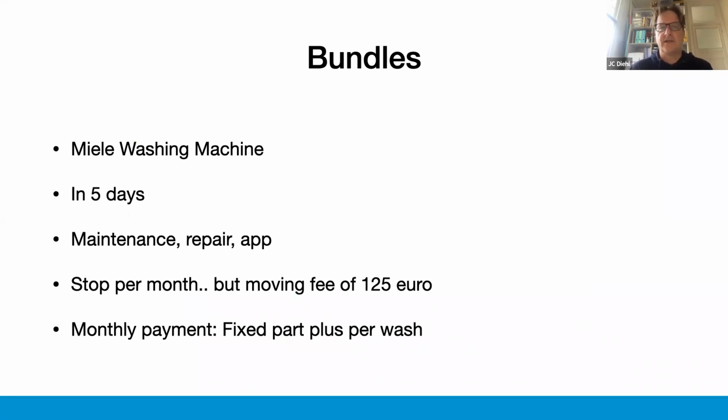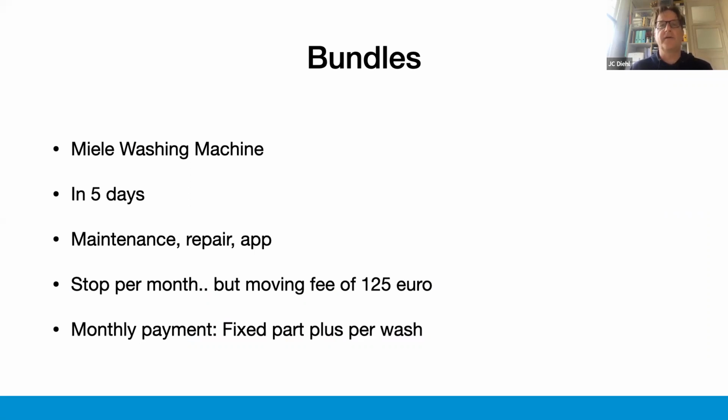In this case, you take a subscription with Bundles, and what you will get is a Miele washing machine. That machine which is for most people too expensive, but by paying the small amounts of money every month, people get access to this. Within 5 days, it will be installed in your home, and the subscription includes the installing, bringing it to your house, maintenance, repair, the use of it, the app, and also in the end, to take it away.